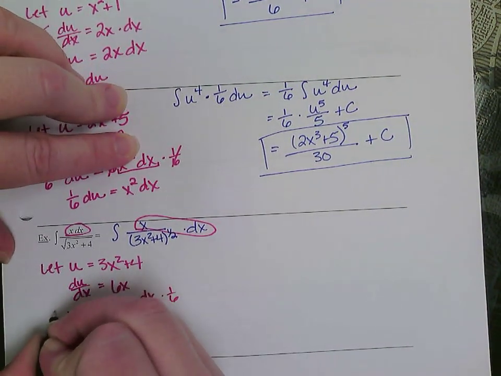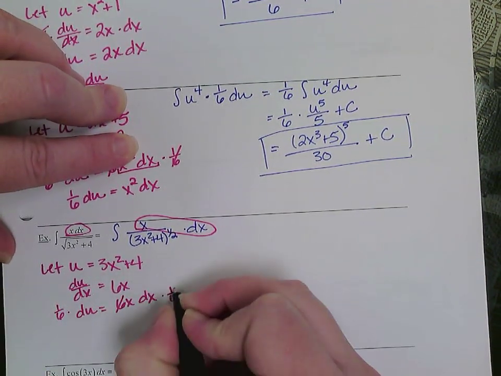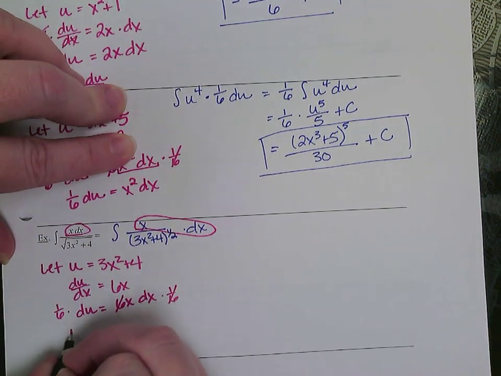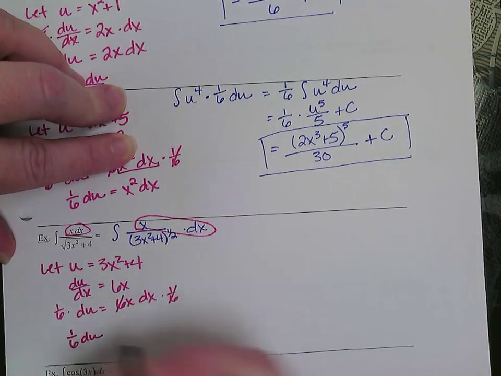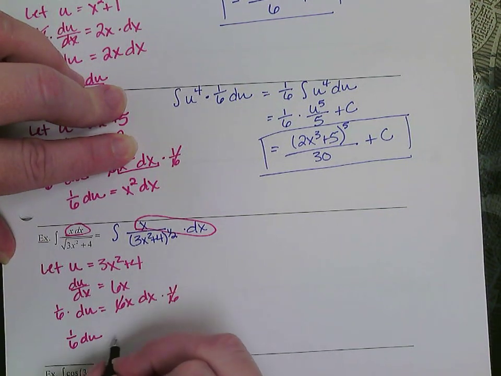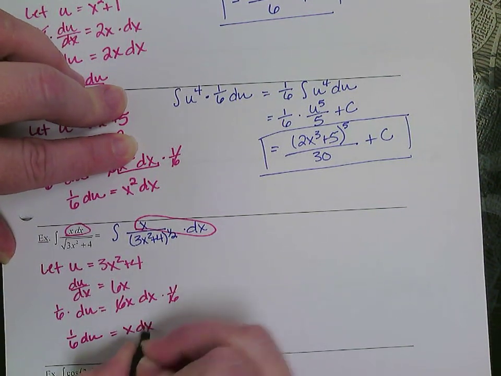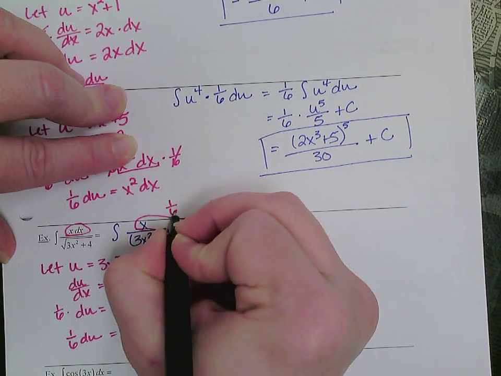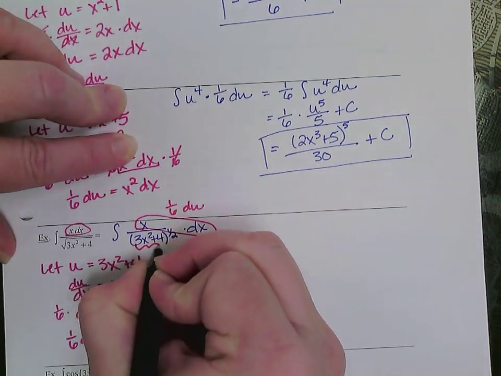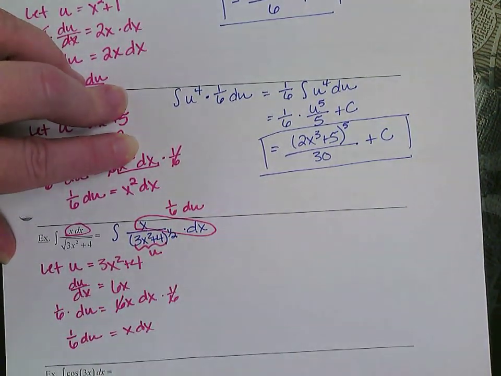So then 1/6 du equals x dx. So this x dx is actually 1/6 du, and this 3x squared plus 4 is u.